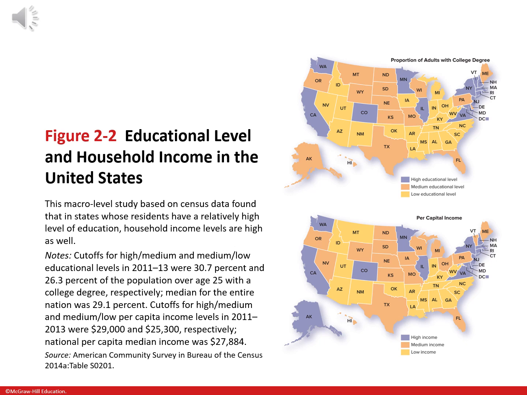Figure 2-2 shows educational level and household income in the United States. The first map shows the proportion of adults with college degrees, and the second map shows how much money they make. So you can see that if they have a lot of education, usually they have a lot of income.